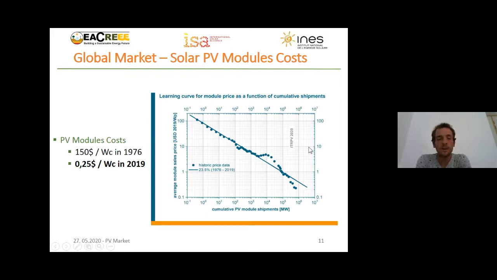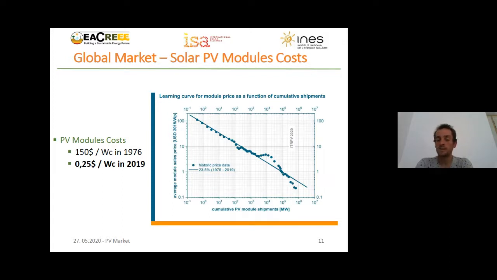We have talked about technical data concerning the solar market. Now let's have a look at economic data concerning especially PV modules, which account for almost half of all system costs. Here you have the latest curve from ITRPV 2020. This is the average module price as a function of global PV module shipments, so it means global installed solar power capacity.